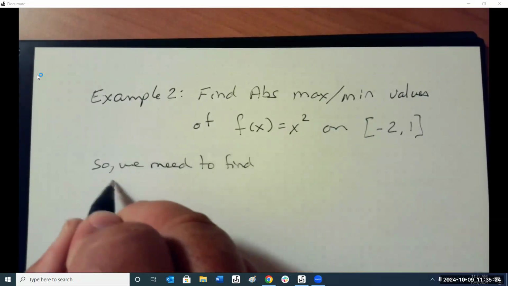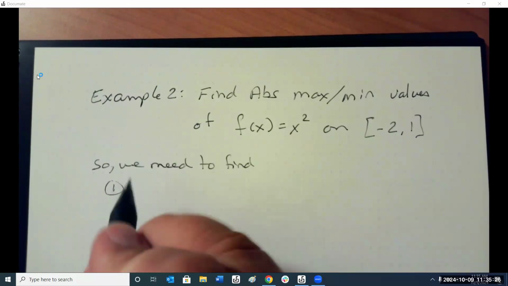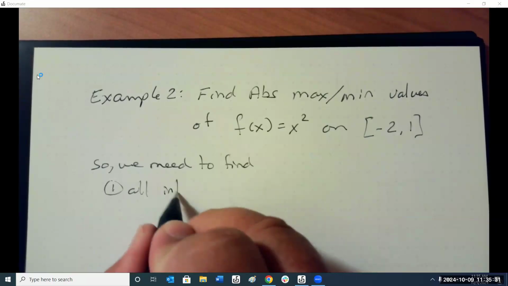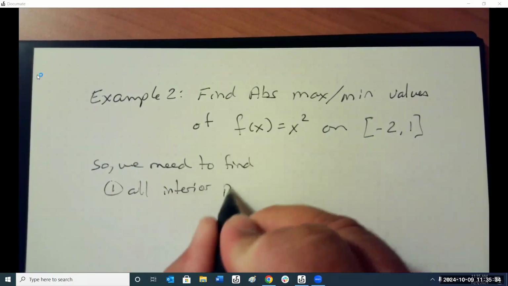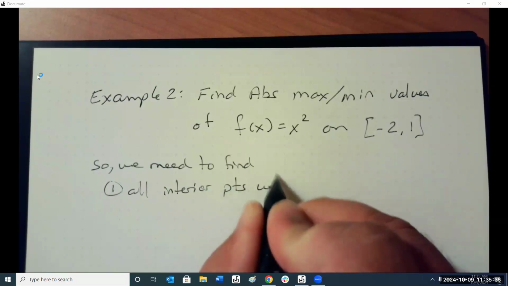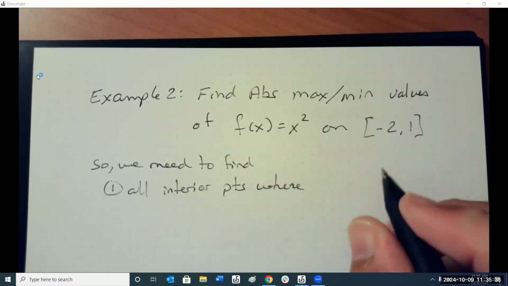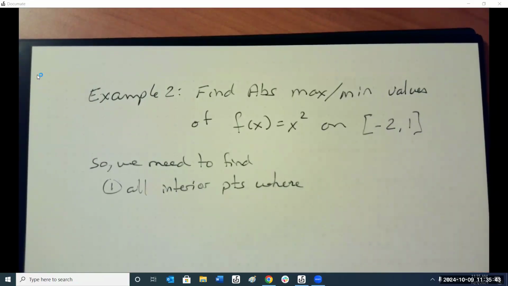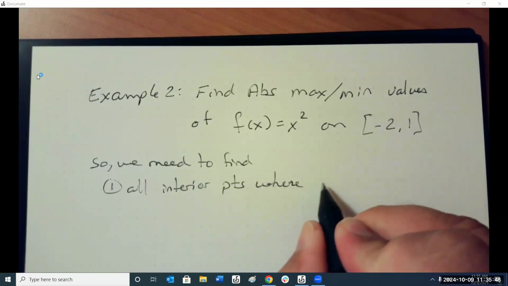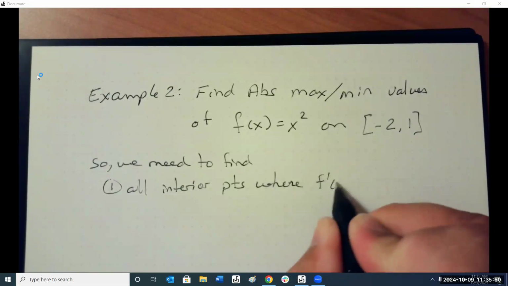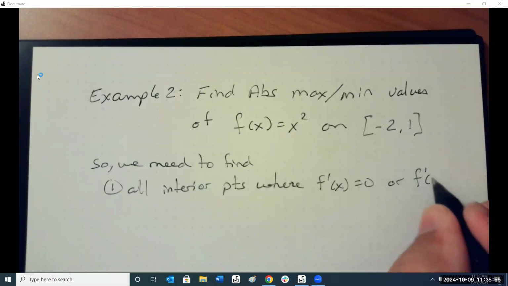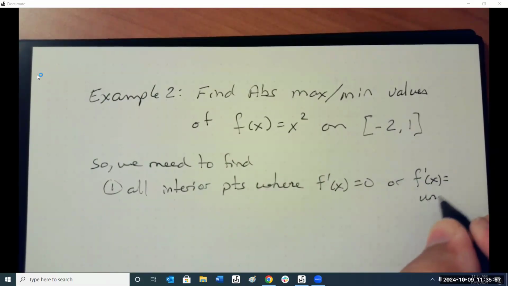So we need to find two things. All interior points where f prime of x equals 0, or f prime of x is undefined.